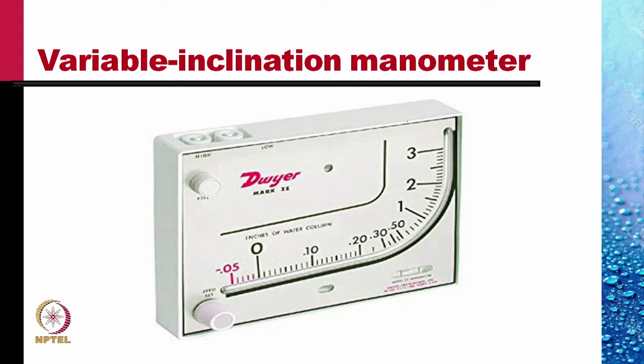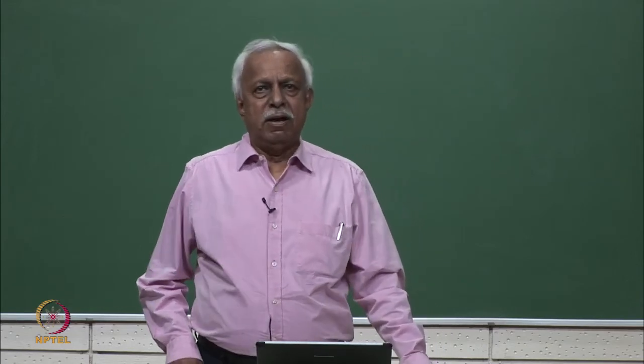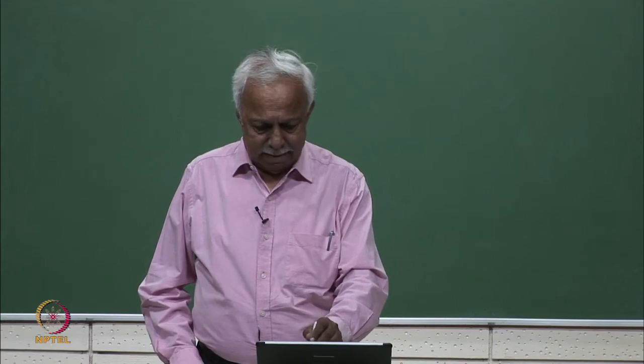So we need more inclination when the height of the column is less, but we can do with lesser inclination when the height of the column is more. So in this commercially available variable inclination manometer, the tube is curved in such a manner that the inclination at low values of head difference is large, but the inclination at higher values is low. In fact, the tube becomes vertical towards the higher end.